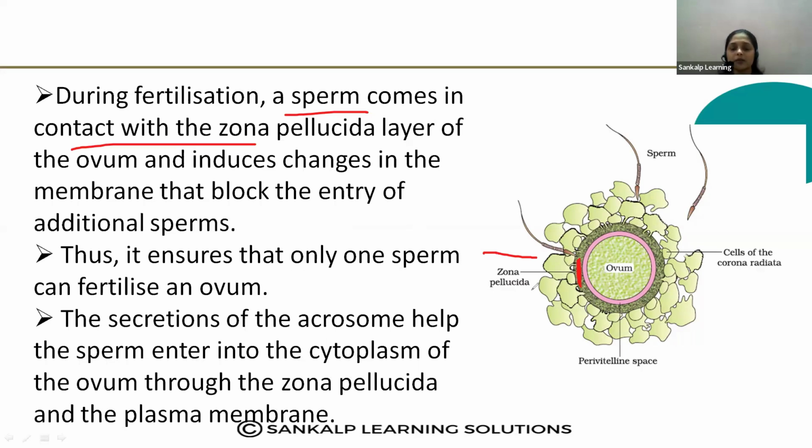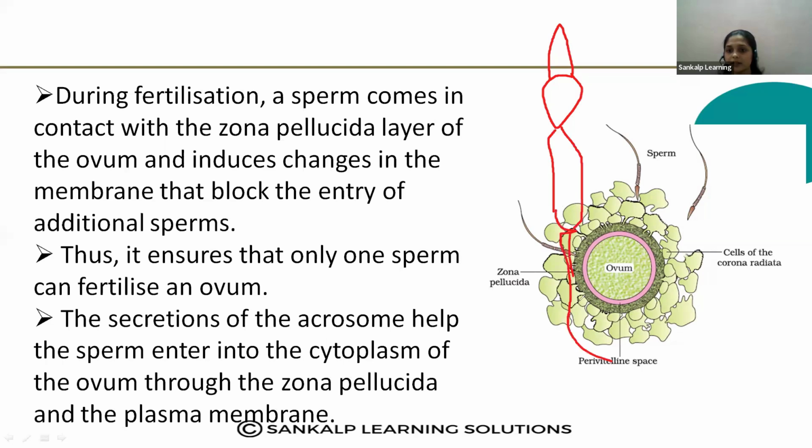For the entry of the sperm in the fertilization process, there is a specialized structure in the sperm. Yesterday we studied the structure of the sperm. There is a specialized structure in the sperm. What is it called? This is the head region, then the neck, the middle piece, and the tail region.